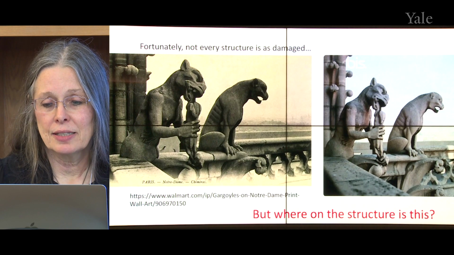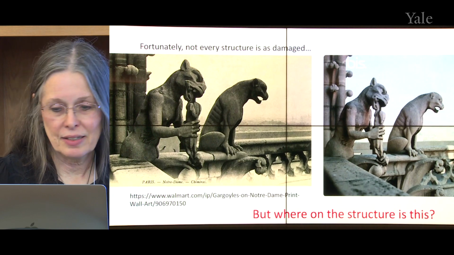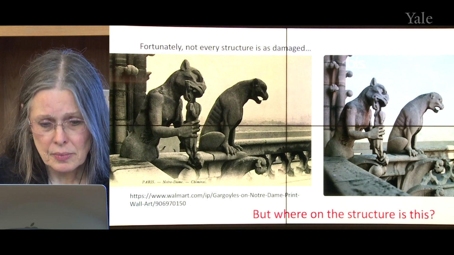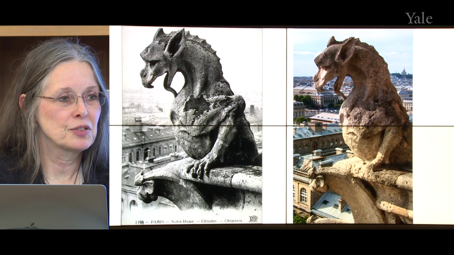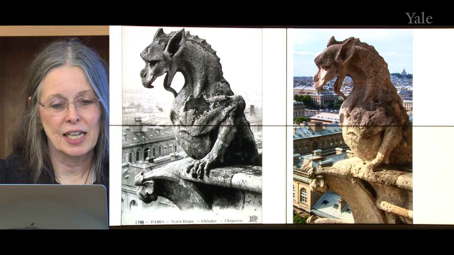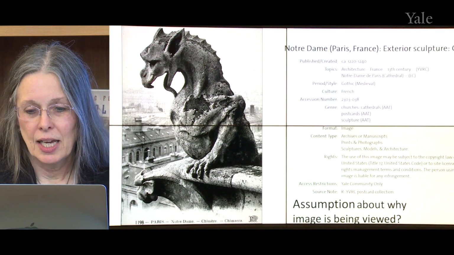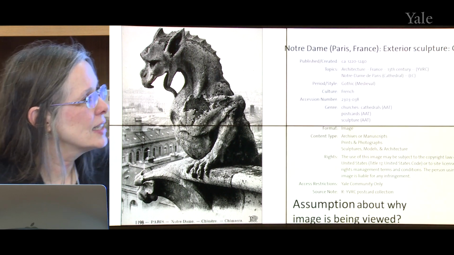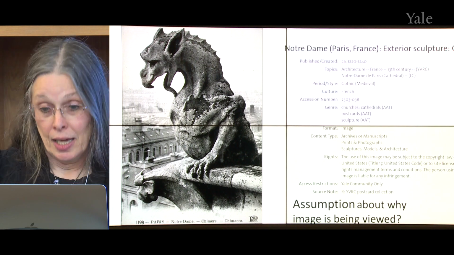But what's interesting is there's not as much loss here. So where on the building is this? Why is there less loss? And then, aha, here I have a picture from the Yale Visual Collection. I must have all the data about that. I can finally know, where was this taken? When was it taken? Well, it probably wasn't taken in the published created date of 1220 to 1240.